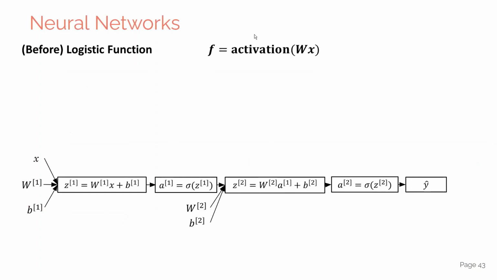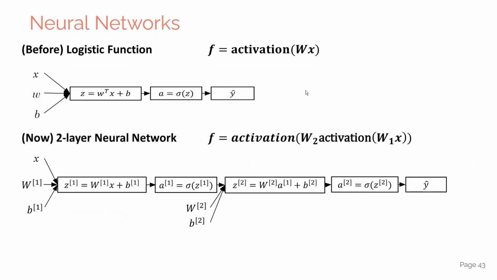Still following so far? Sorry, the sequence got messed up. But if you still remember, this is the logistic regression equation. You only have one layer here. Now you have two layers. So this is what's happening.